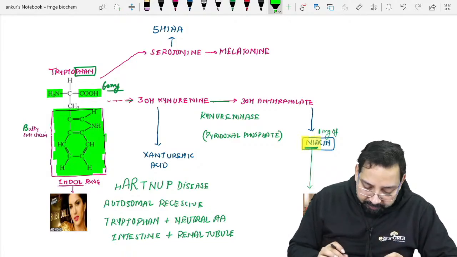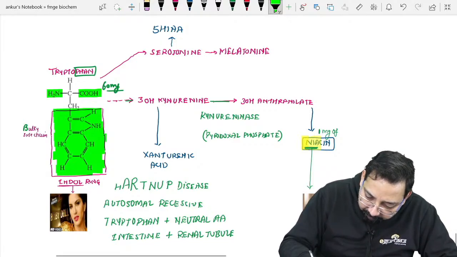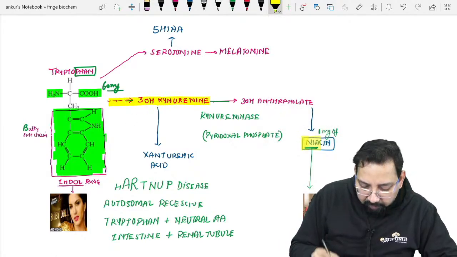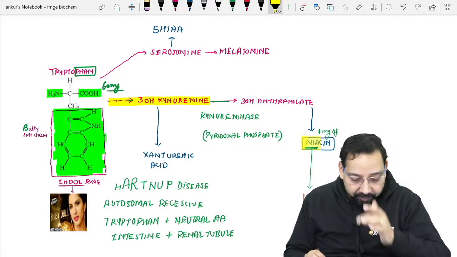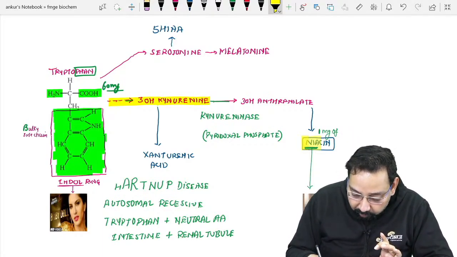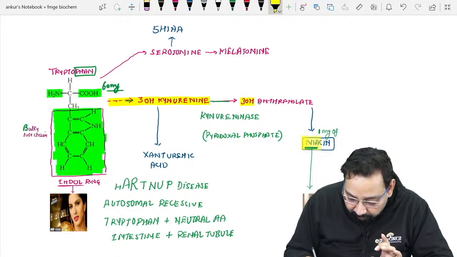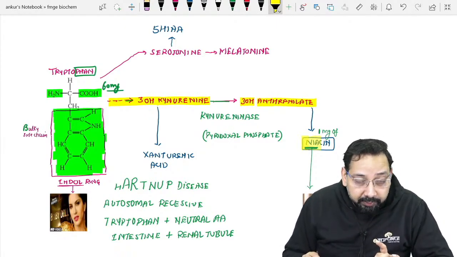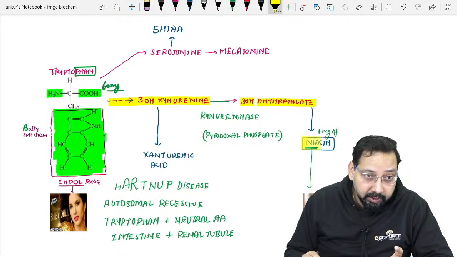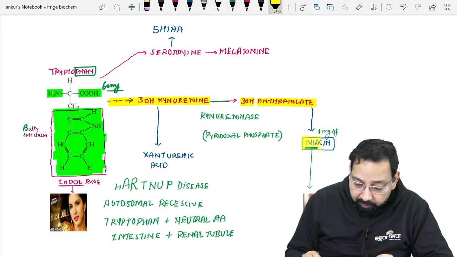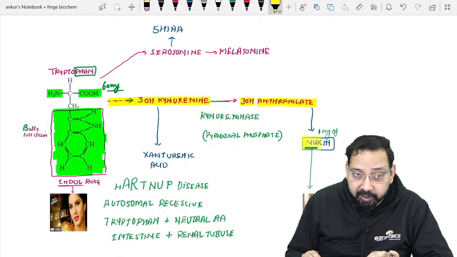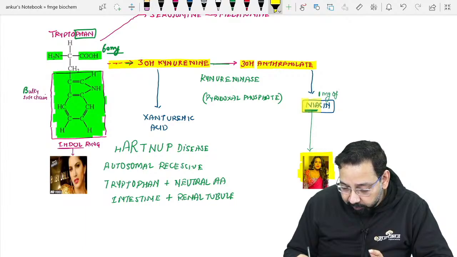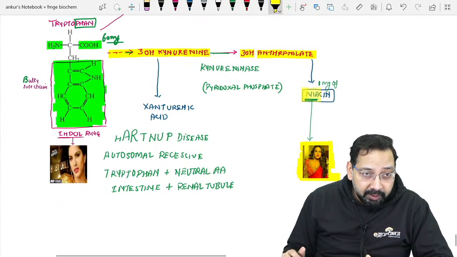Only the important steps. We found that tryptophan is converted to 3-hydroxykynurenine. If you don't remember, it's okay, just have an idea. This kynurenine is converted to 3-hydroxyanthranilate. There is Antramali. You must not be having an idea about Antramali. Antramali was quite famous at one time, and she had similar properties just like Nia Sharma.